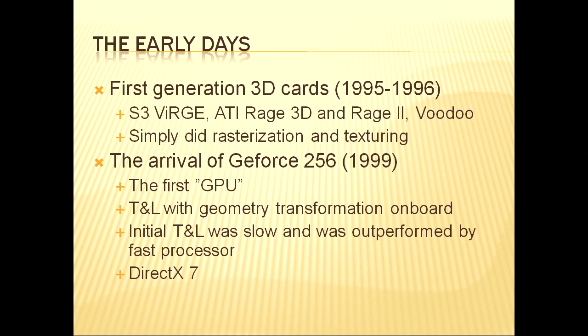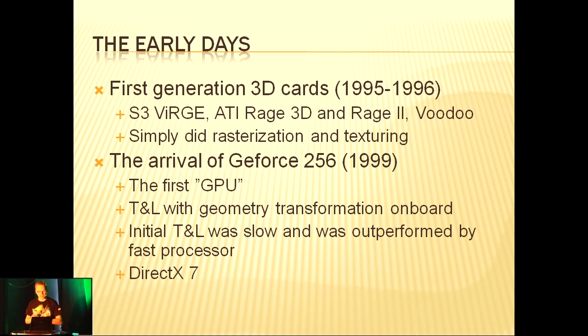And now to the actual topics. We're going to look at the early days of graphics cards. I just wanted to explain how we've gotten to this point and show how primitive the starting points were. The first notable generation of 3D acceleration cards was probably in 1995 to 1996, when we got the S3 VIRGE, ATI Rage 3D, Rage 2, and Voodoo cards. It was just simple rasterization and texturing, really no geometry processing.